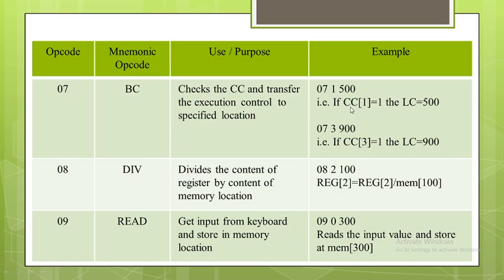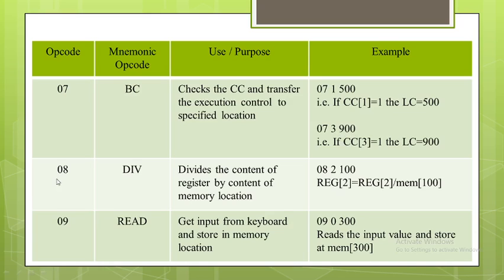If condition code 1 is equal to 1, then it is going to transfer the control to memory address 500. The second example also uses 07, that is branch on condition. If condition code 3 is equal to 1, then the control will transfer to location 900.